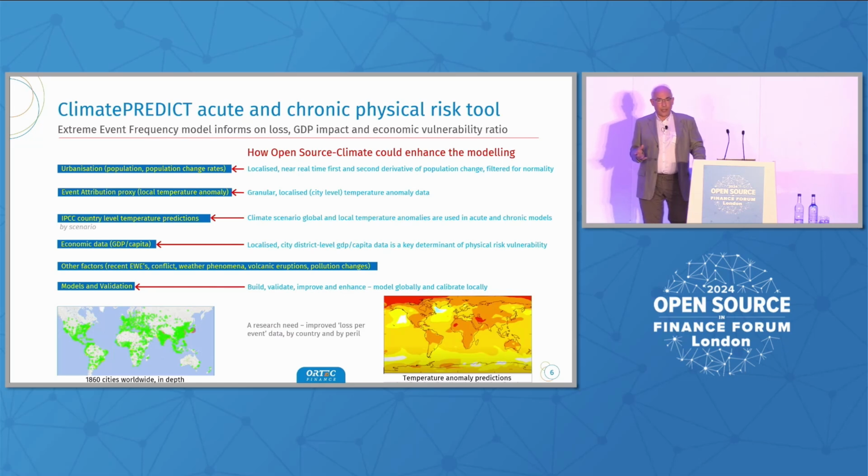Event attribution, that's to say, to what extent is climate change impacting these events, and how is that amplifying the losses, is key. And very granular temperature predictions, both of historic and future scenarios, is very key as well. Economic data, particularly GDP per capita, as localized as possible, and other factors such as the history of recent extreme weather events.